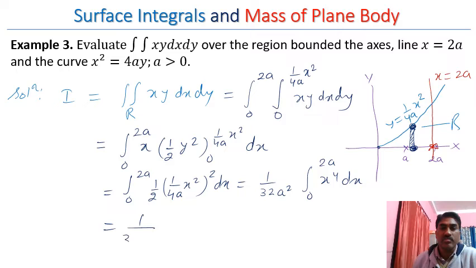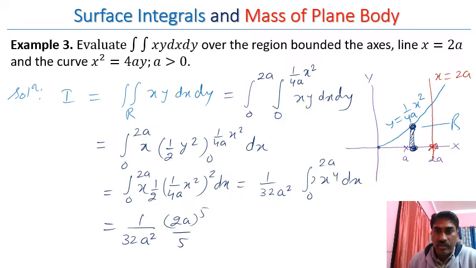So this is 1 by 32 a square, and x to the power 5 by 5, so 2a to the power 5 by 5. Sorry, there is a mistake. X is there, so the value takes x also, so this will become x into this, means x to the power 5.